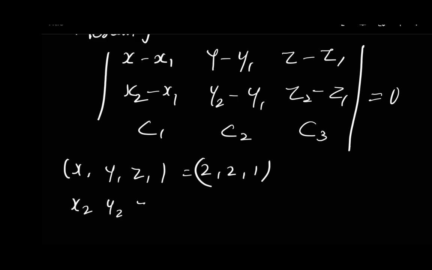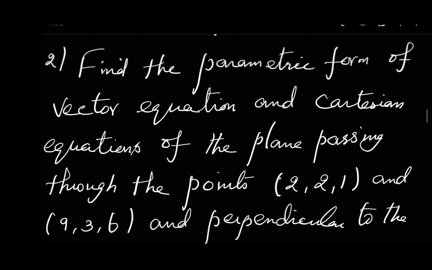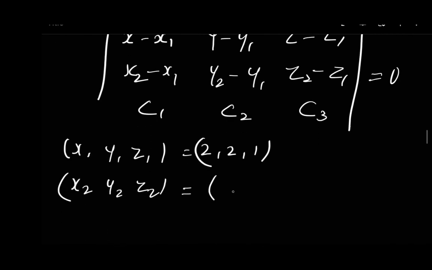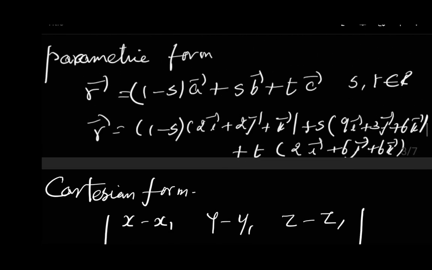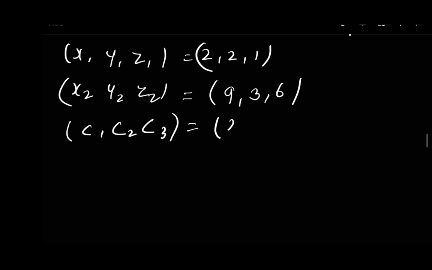x2, y2, z2 is the second point here, 9, 3, 6. Next is parallel vector. C1, C2, C3 is the parallel vector 2, 6, 6.